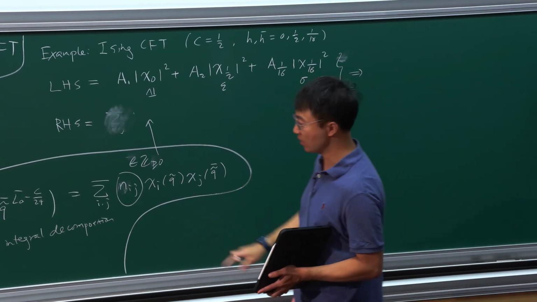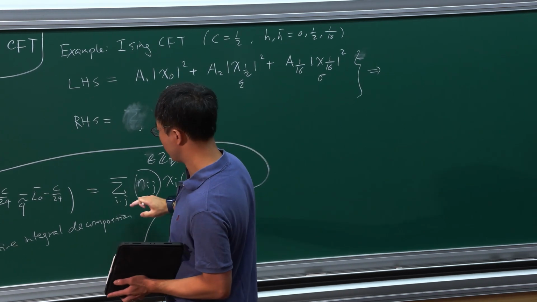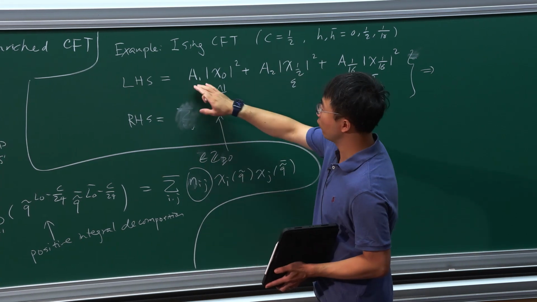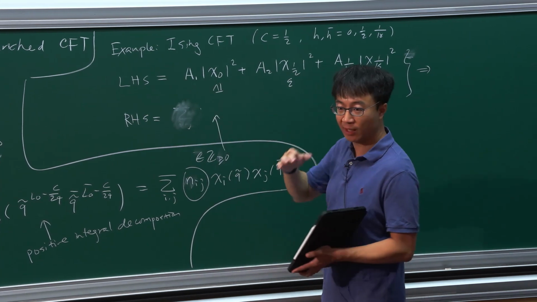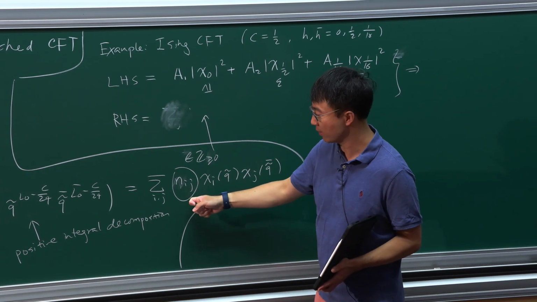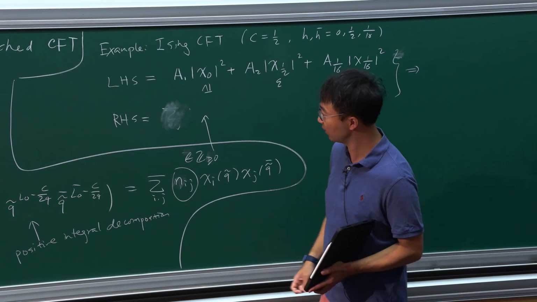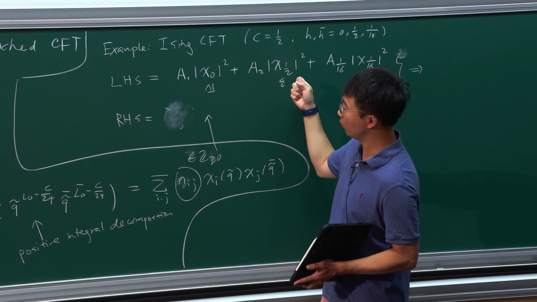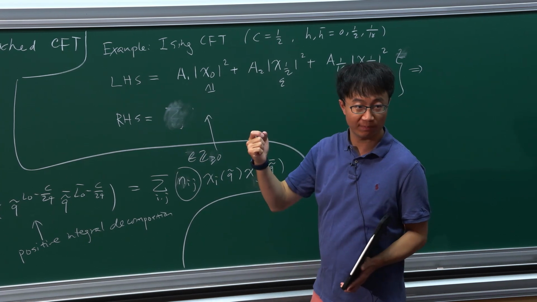First of all, because this equation is linear in the characters, whenever you find a set of solutions to A, you can take positive integral linear combinations of a given solution, because you want to preserve integrality and positivity on the right-hand side, and it will still be a solution.